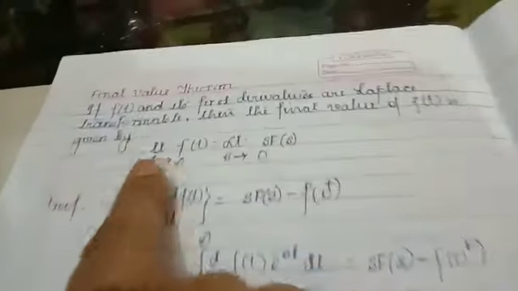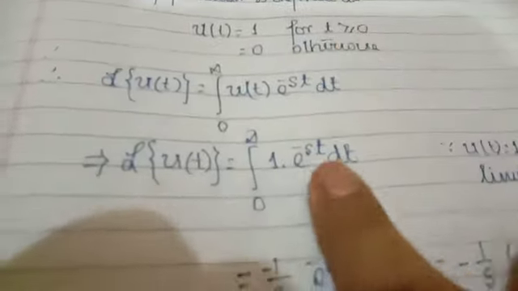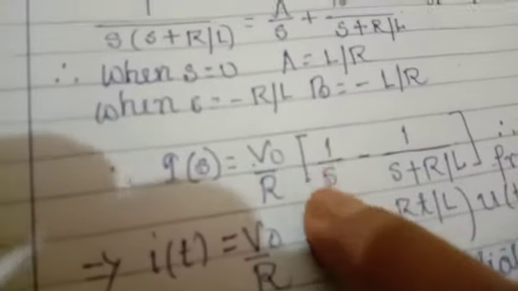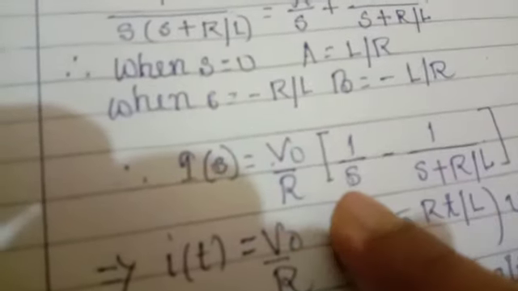If you remember the Laplace transform of the unit step function, it was 1 by S. So I have to express this form of expression into terms for which I already know which time function each term is the Laplace transform of. So 1 by S is 1, that means u(t).